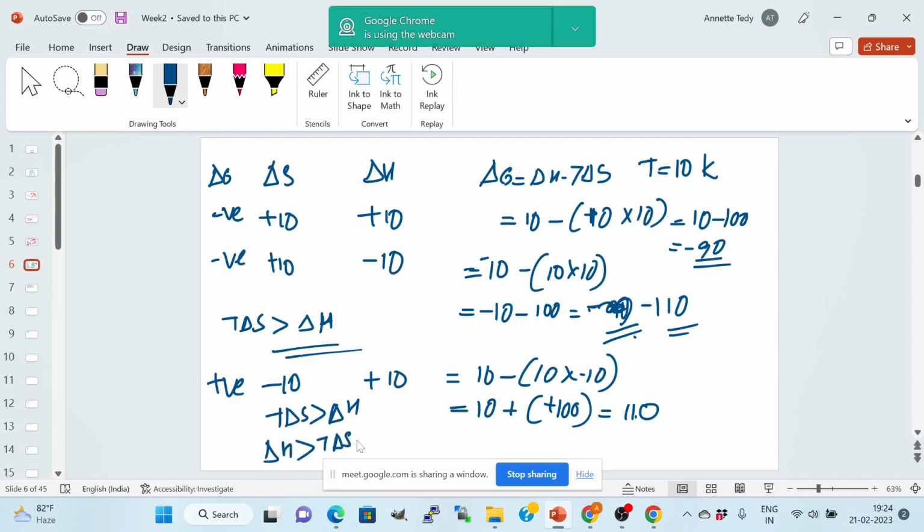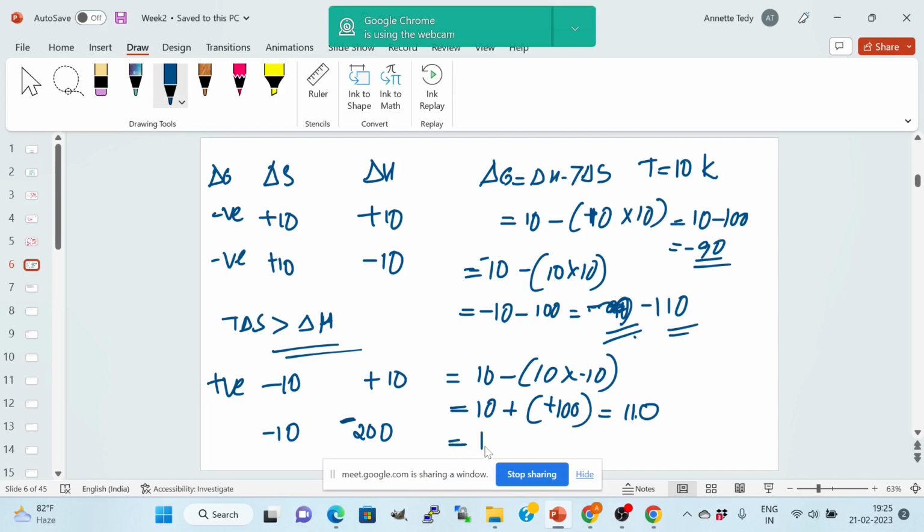So I'll show for this one. One second. Say my delta S is still 10, but my delta H is large, for example 200. So I can say my delta H is minus 200.